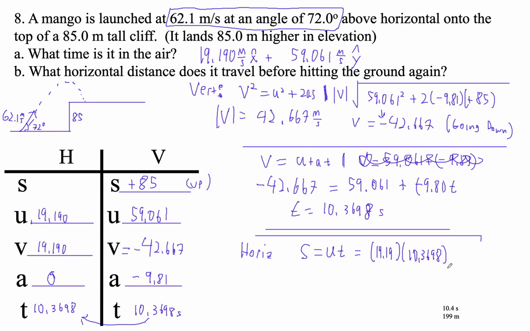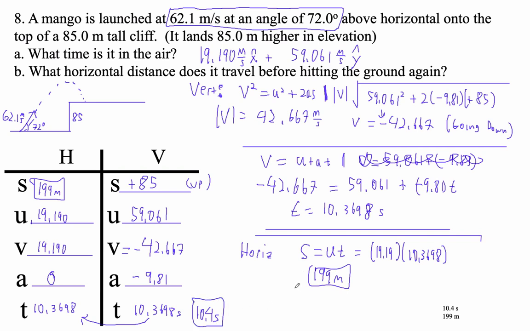Okay, so let's see. That's 198.99, so 199 meters. Ta-da. So that is how far it goes, right? How much time is it in the air? It's in the air for 10.4 seconds.